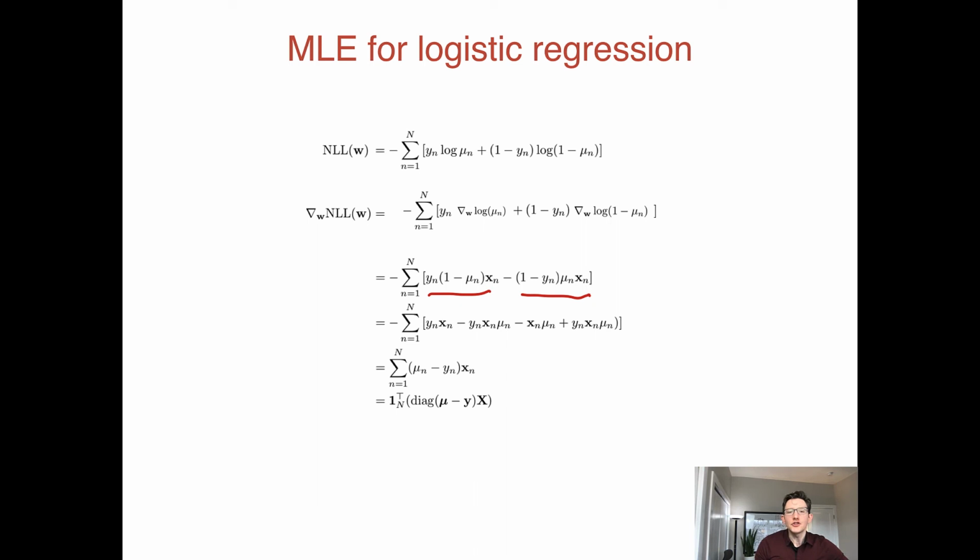So this is a very intuitive derivative. We want to push our weights in this direction. The degree to which we got this probability wrong, either positive or negative, if we predicted the probability was high when the true label was 0, or vice versa, if we predicted the probability was low when the true label was 1, times the actual features for this example.